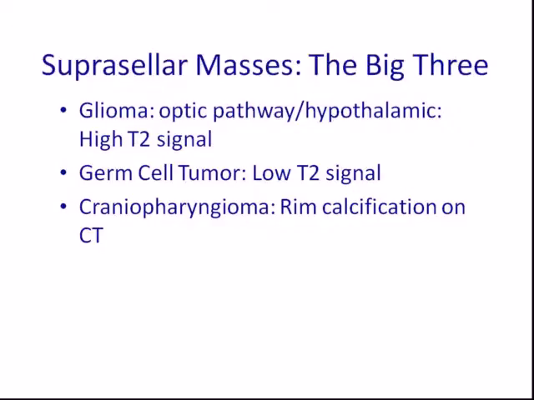What I wanted to talk a little bit about is that if you have certain suprasellar lesions, sometimes they're fairly pathognomonic, but other times they can be difficult to distinguish. And usually you're thinking about glioma, germ cell tumor, and sometimes craniopharyngioma. I just listed here the things that you look for to help distinguish them, because the other imaging characteristics tend to overlap.